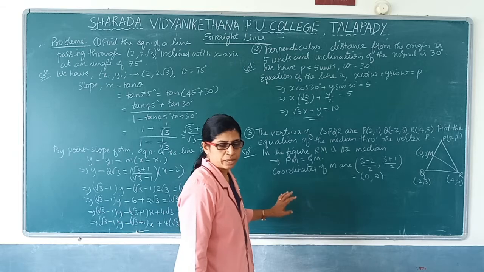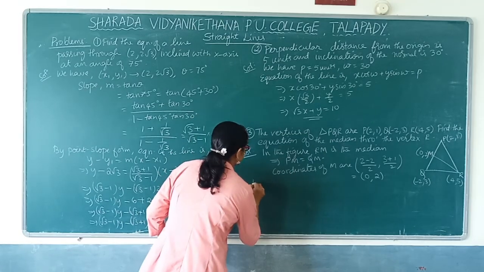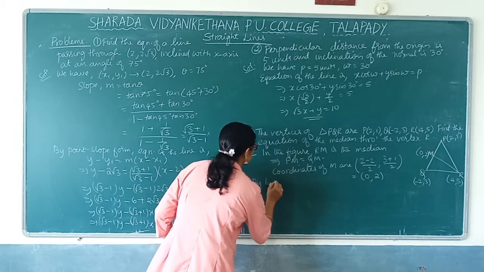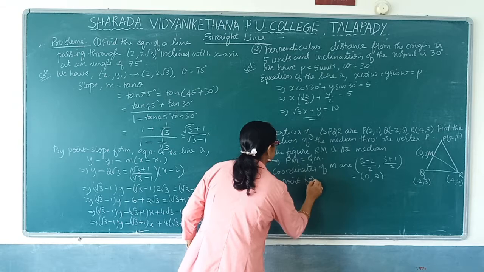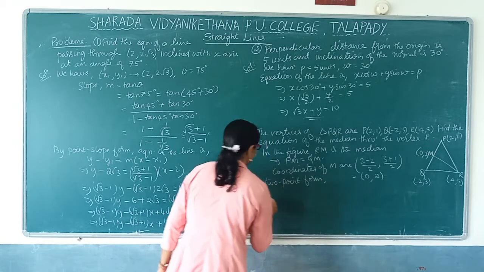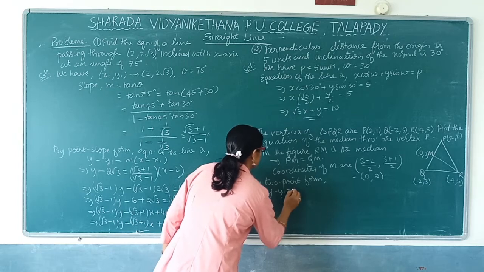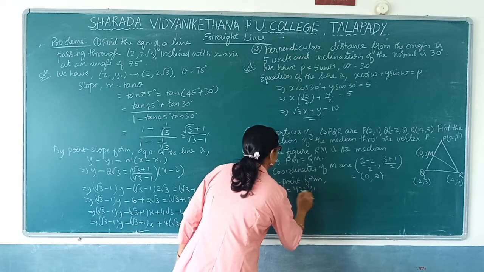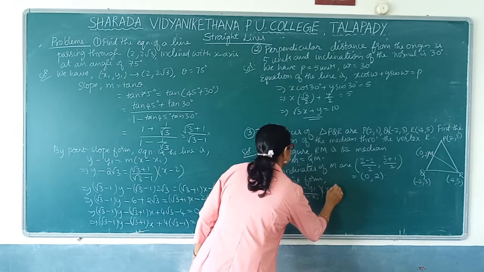What can you apply? You can apply the two-point form of the equation of the line. So, by two-point form, the equation of the median is y minus y1 is equal to (y2 minus y1) by (x2 minus x1) into (x minus x1).